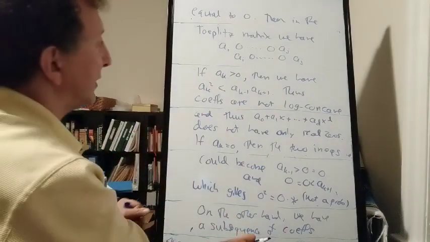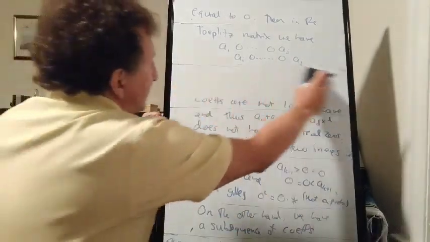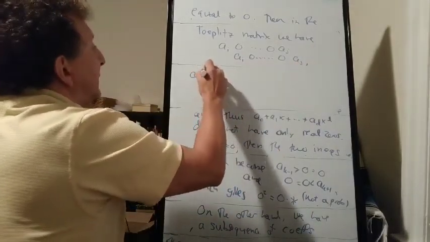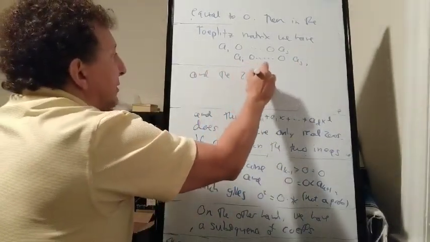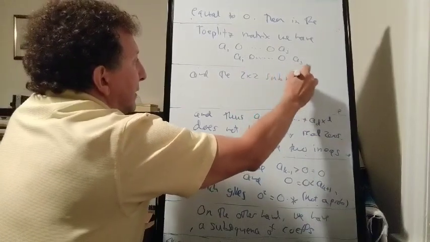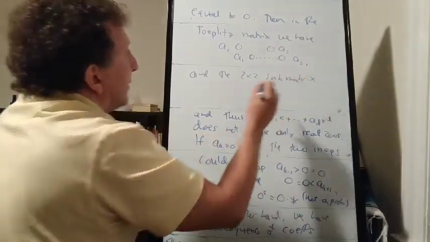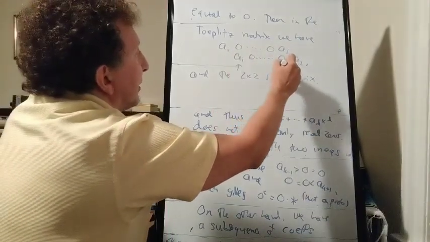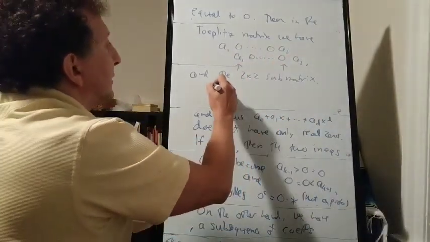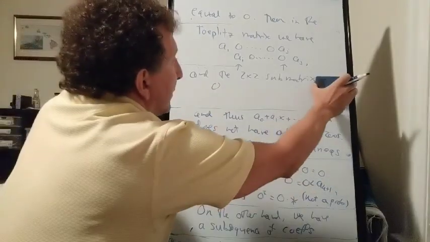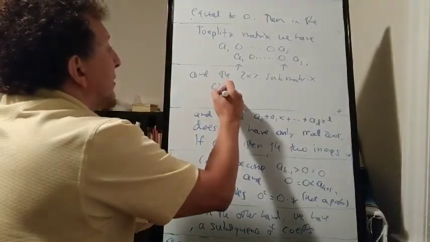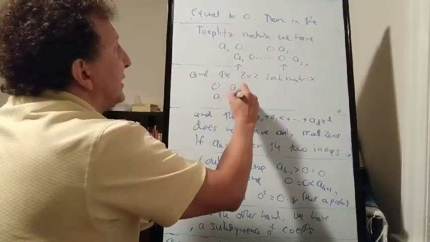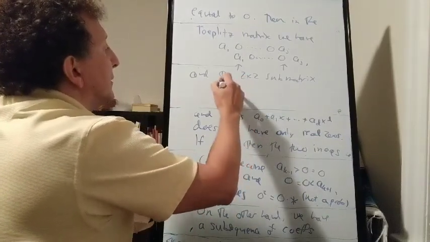And these two rows already give us a problem, because then we have the 2 by 2 submatrix. If we look at this column and that column, we have the 2 by 2 matrix 0, ai, and below it, aj and 0.